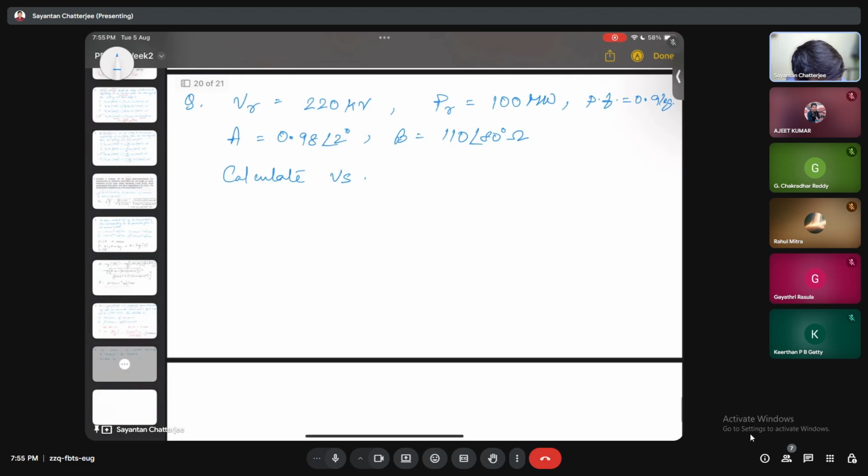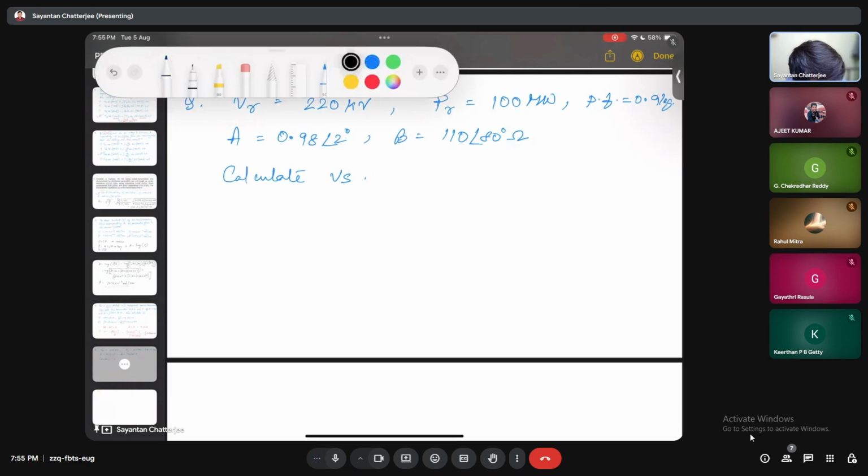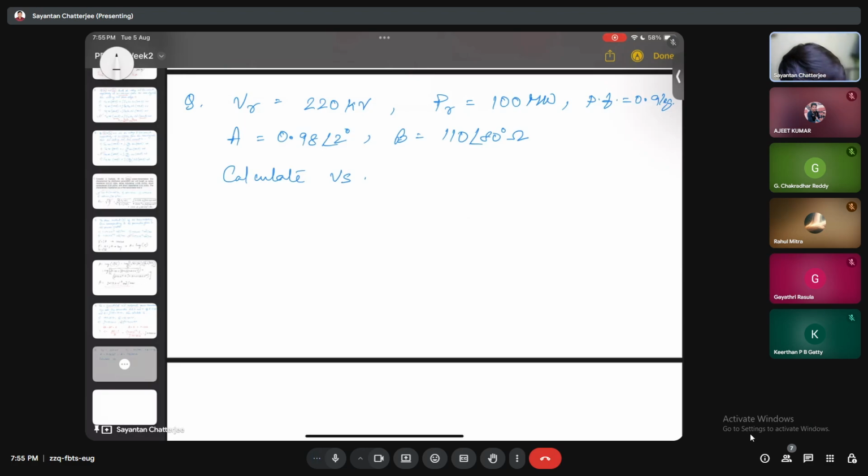Okay, let's solve it together. So when receiving end power is given, PR 100 megawatt, so can we calculate the reactive power given the power factor values?